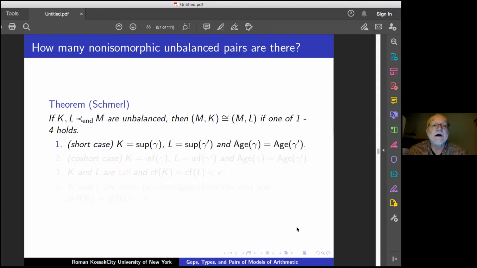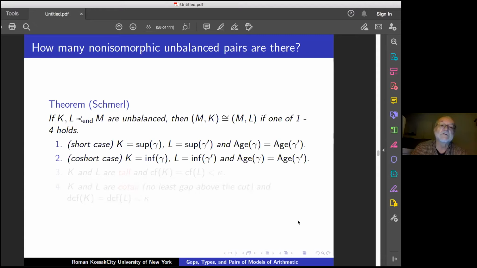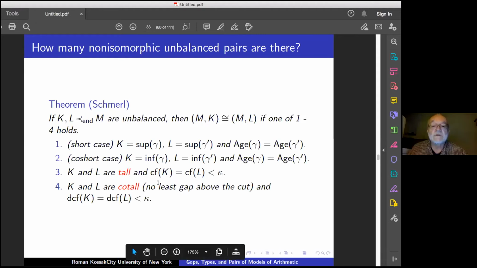All right, so this was the case of the balanced cuts, and now for unbalanced, well, Jim proved several results. Here is one. Some results are more or less straightforward. We're looking at those unbalanced cuts, and there are some criteria for isomorphism of pairs.